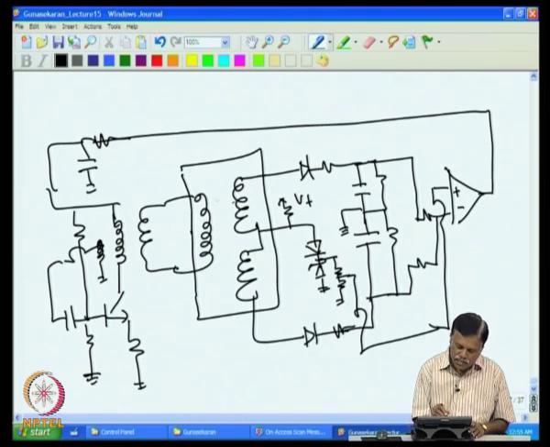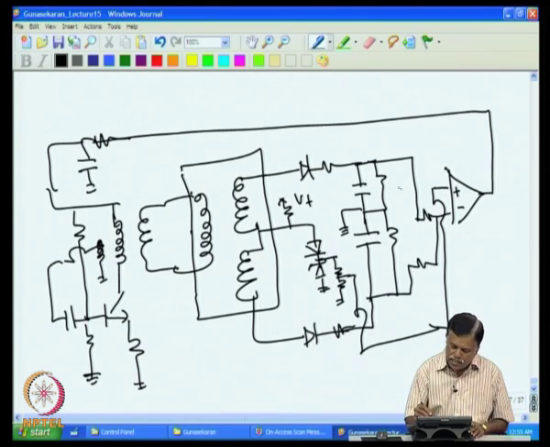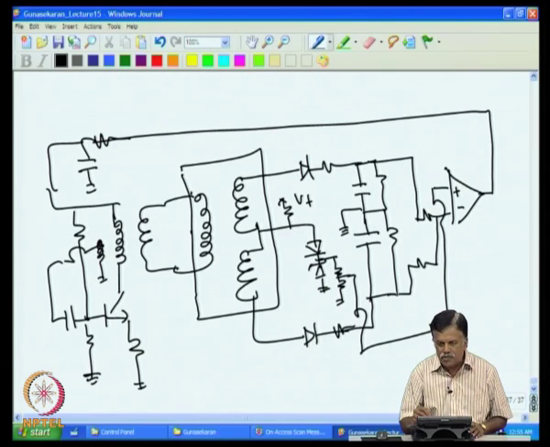Now, even if the temperature of this changes, you will not get any change in V1 and V2, V1 plus V2 will be constant.